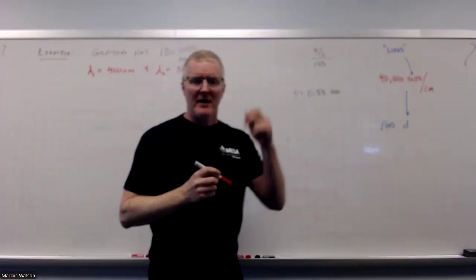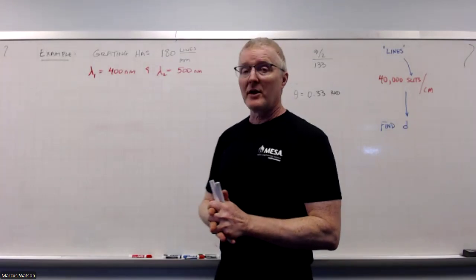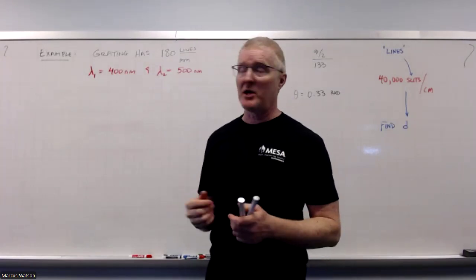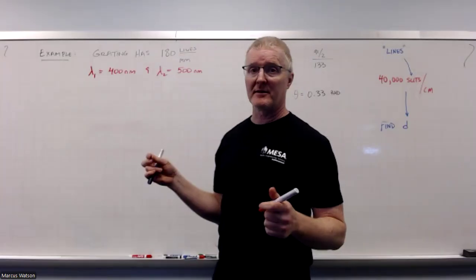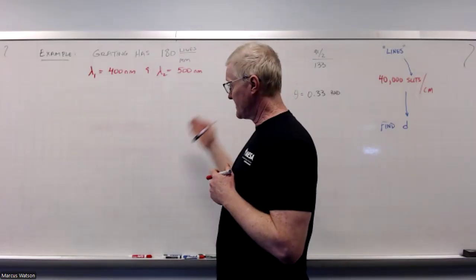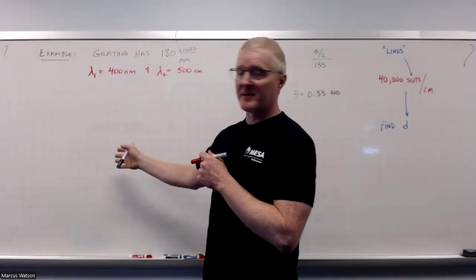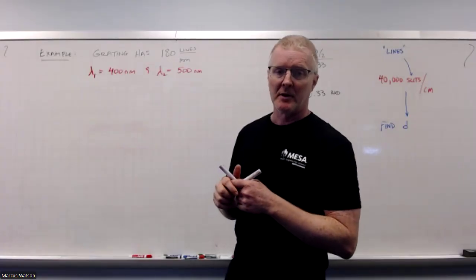Okay, now what I want to know is what is the angular separation if I look at the second maximum. If I have the central maximum, there's no angular separation. By the first one, there'll be some. By the second one, there should be more.